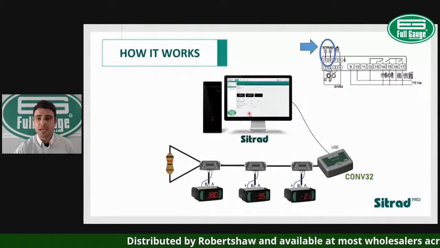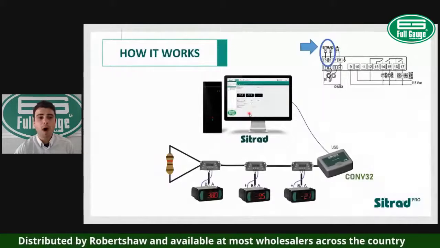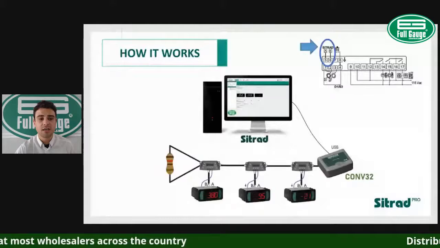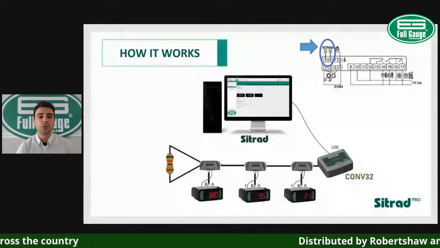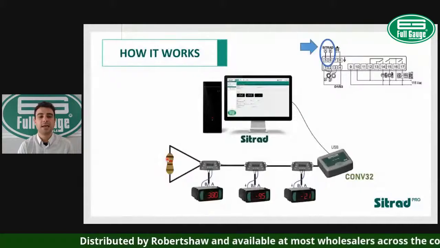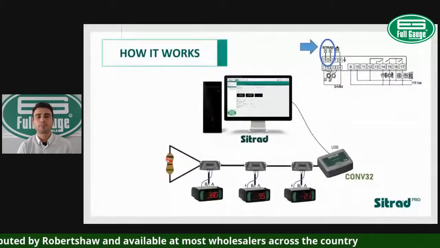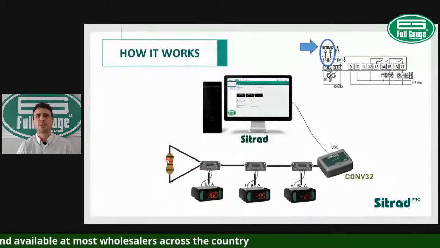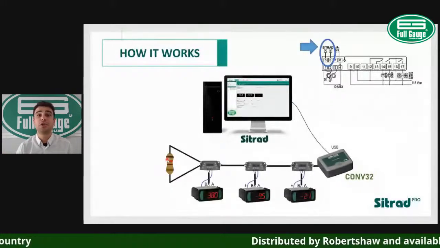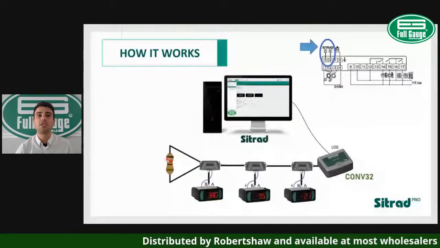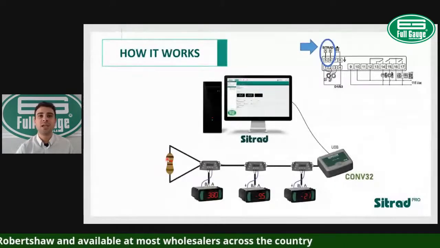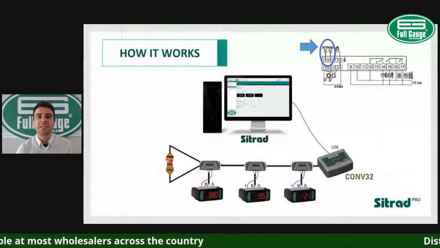Some of you might be asking, what is this little device in here? That's like a transient suppressor. It's a 100 ohm resistor that is used to increase the resistance on the RS-485 network and reduce electromagnetic interference.